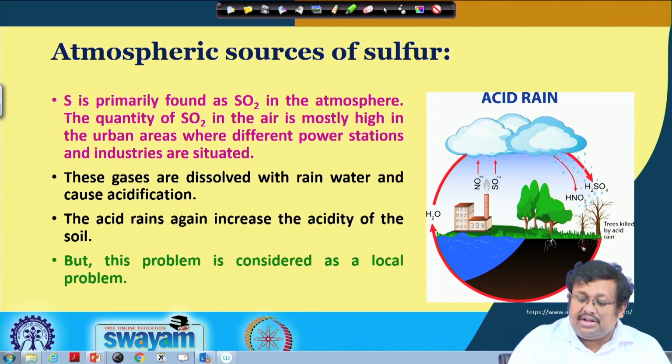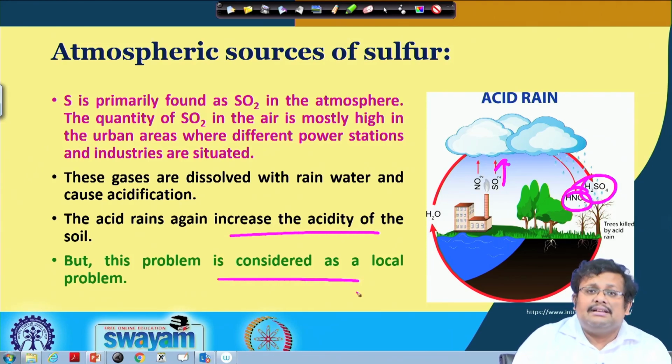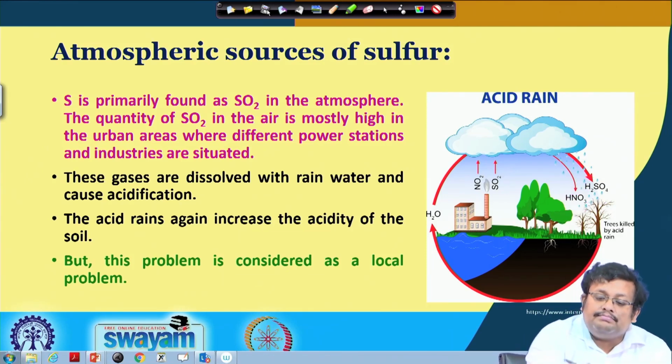As you can see in this picture, this sulfur dioxide along with nitrogen oxides, due to industrial processes, goes to the atmosphere, and then they react with the water vapor which is present in the atmosphere, and ultimately return back to the earth in the form of either nitric acid or sulfuric acid. So, acid rain again increases the acidity of the soil. However, luckily this acid rain problem is a local problem, it is not a very pervasive problem.